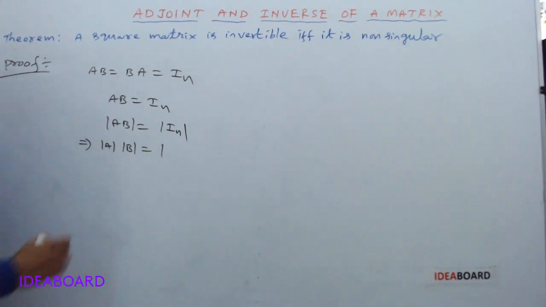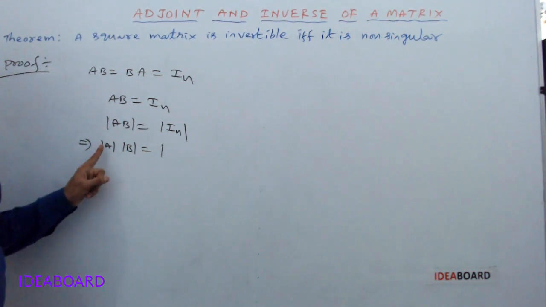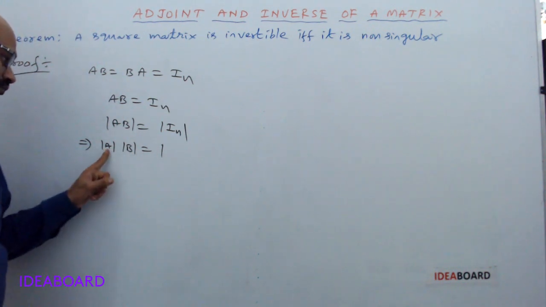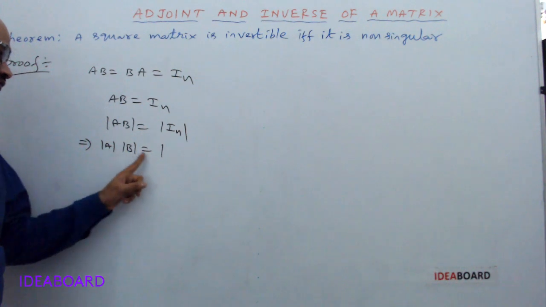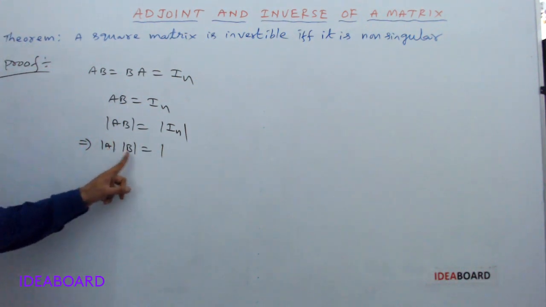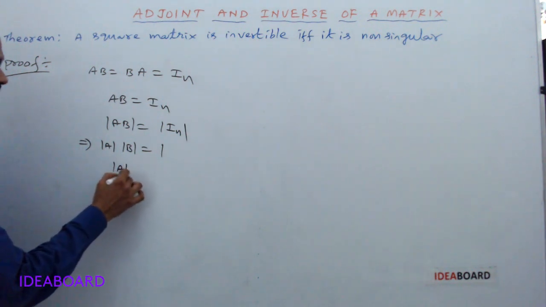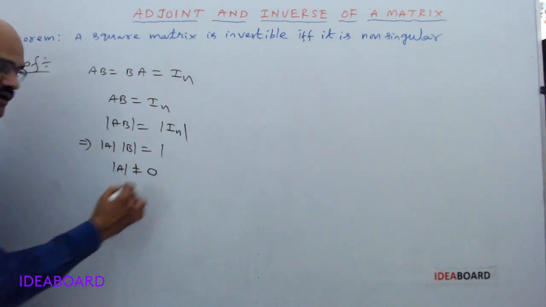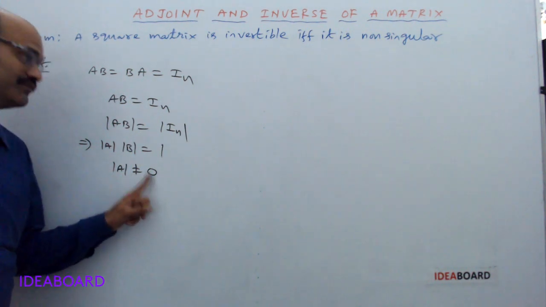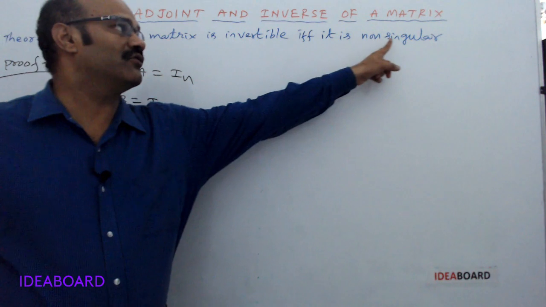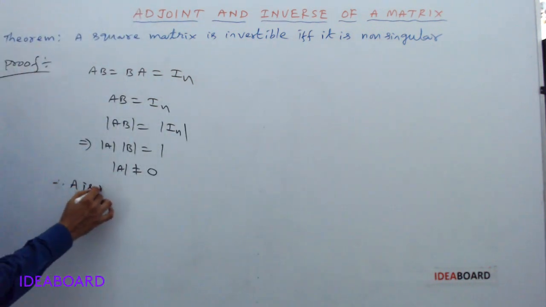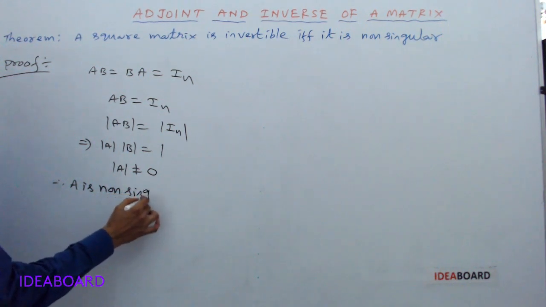It implies det A into det B equal to 1, which means det A equal to 1 by det B. That means det A is not equal to 0. Whenever det A not equal to 0, A is said to be non-singular. Therefore, A is non-singular.